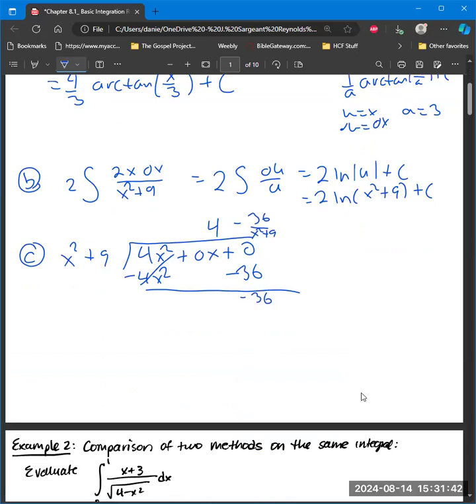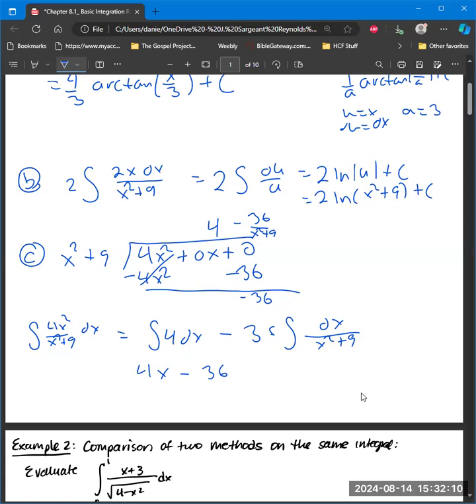So this integral of 4x squared over x squared plus 9 dx changes into the integral of 4 dx minus 36 integral of dx over x squared plus 9. This is 4x minus 36.